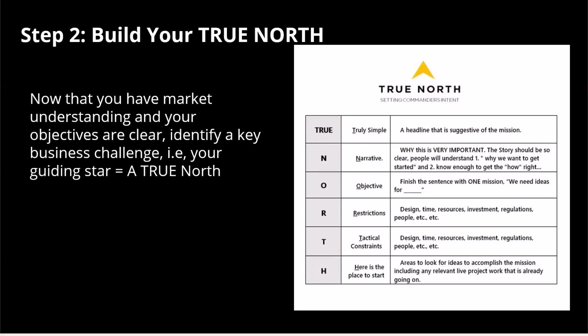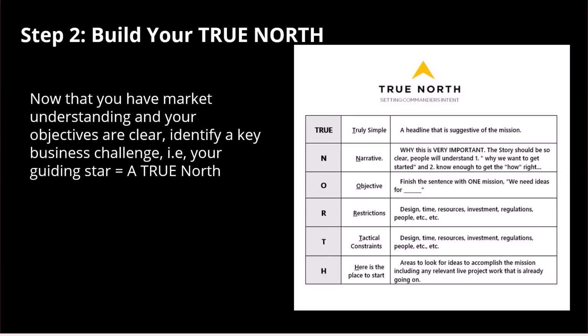And for those of you who remember your high school days, True North is an acronym which you can use to remember something. True is truly simple, a summary of what your innovation is about. And North is a series of steps that you go through to define what you want to do as a team. The first thing that you have to look at is a narrative or a story. Now, some of you might think a story is good for human beings, but in fact, a story is really good for AI because it gives it a context.